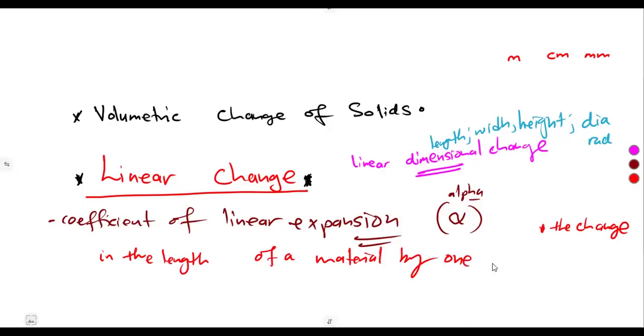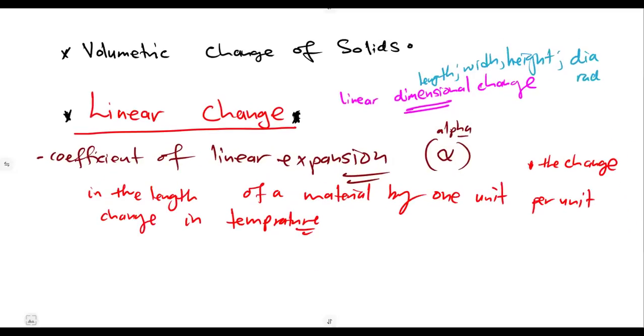by 1 unit per unit change in temperature. This is the coefficient of linear expansion. So it is measured in per degree Celsius or per Kelvin.